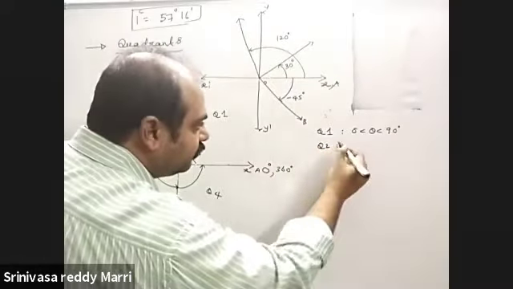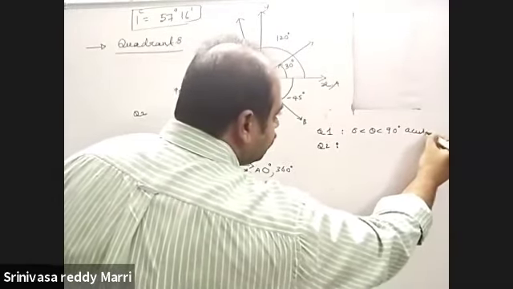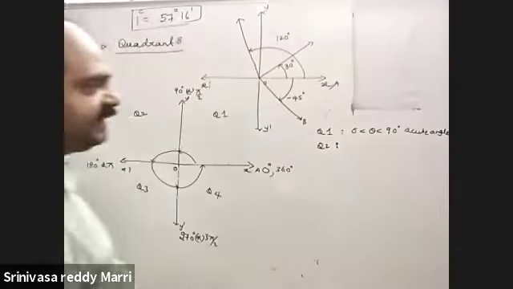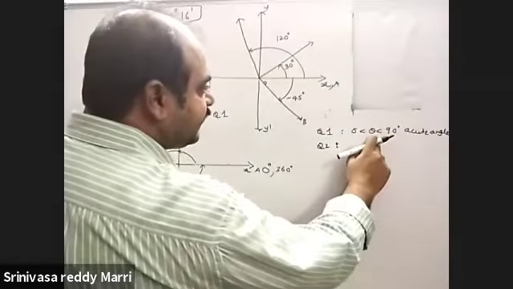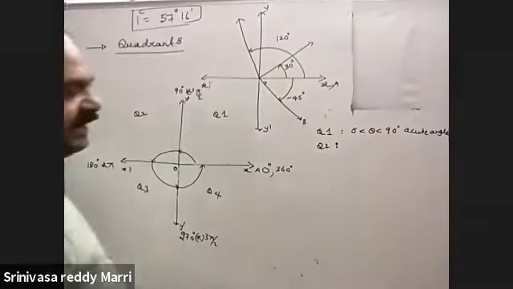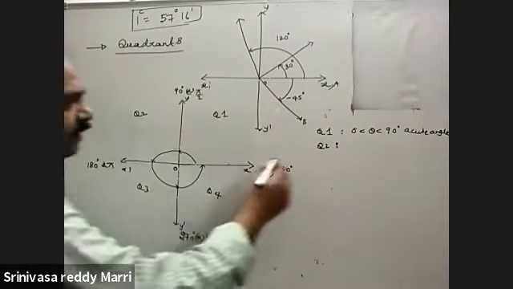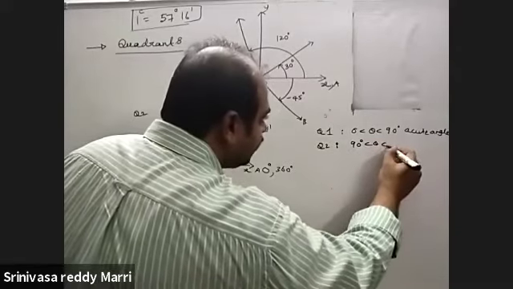In quadrant 1, this is called an acute angle, if the angle lies between 0 and 90. 0 less than theta less than 90 means theta is greater than 0 and less than 90. Suppose in quadrant 2, how will the angle be? 90 degree to 180 degree.